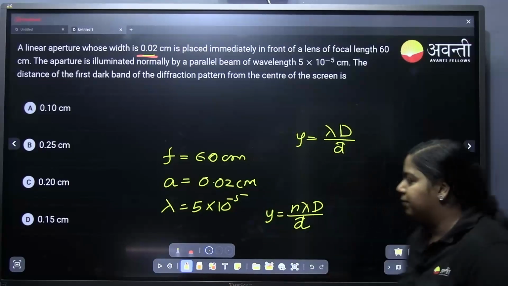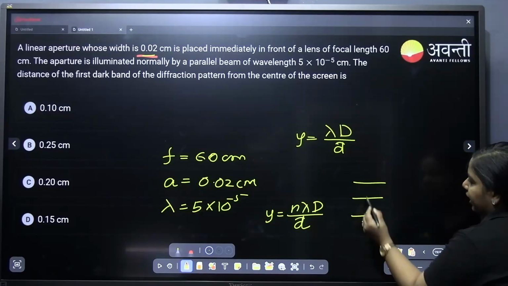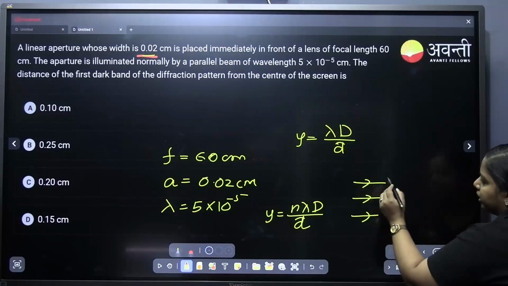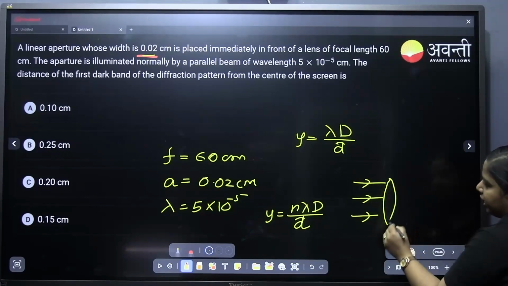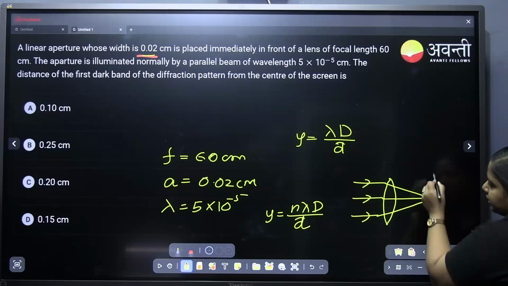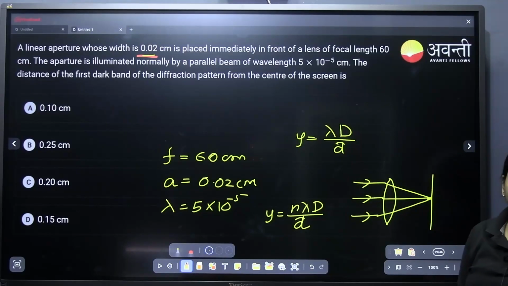Why is this? Let's say the light is coming parallelly from a long distance. If you keep a converging lens here, this will all be focused, forming the image at the focus, right?